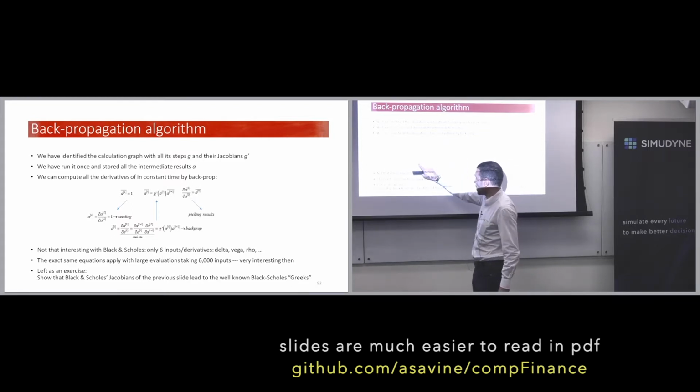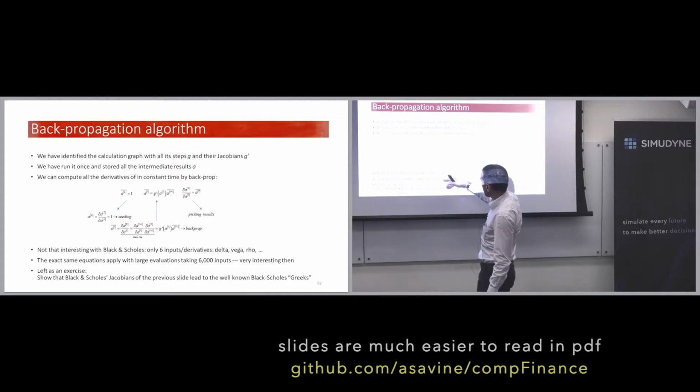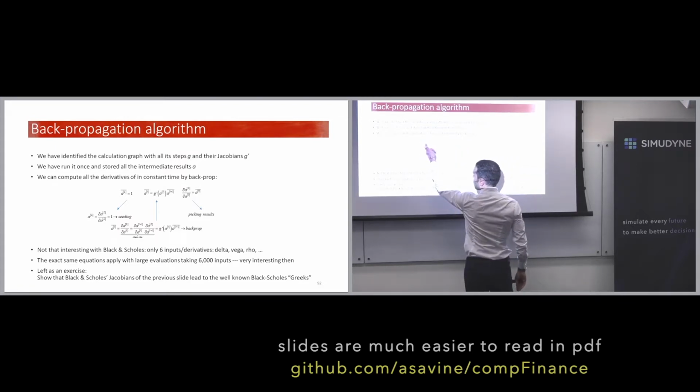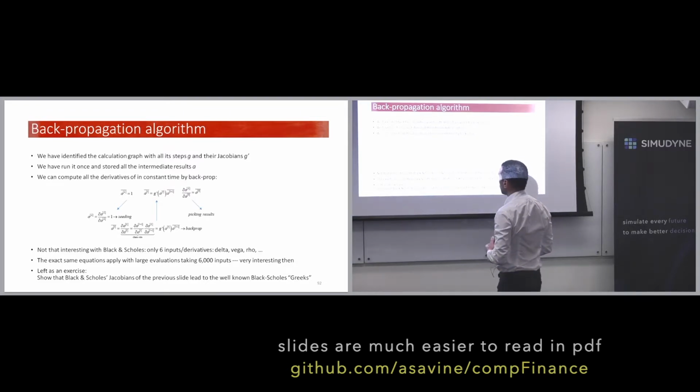It's because by definition, the adjoint of AL is the derivative of the final result with respect to AL. That's the definition of the adjoint. Now, by the chain rule, I can split that into dAL plus 1 over dAL, and that's the Jacobian of AL plus 1 to AL, times dA capital L over dAL plus 1, and that's by definition the adjoint of AL plus 1.